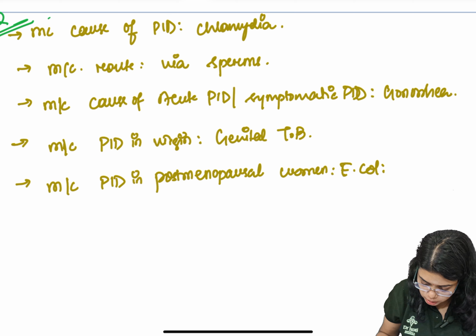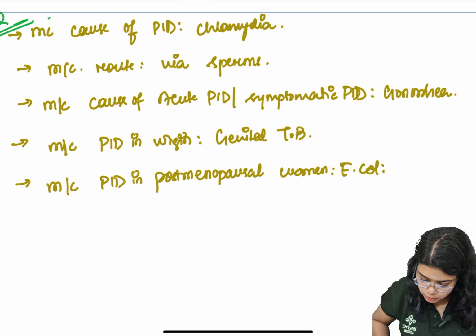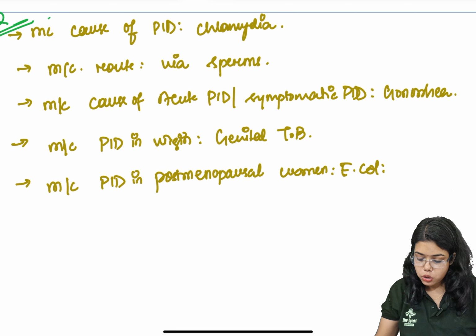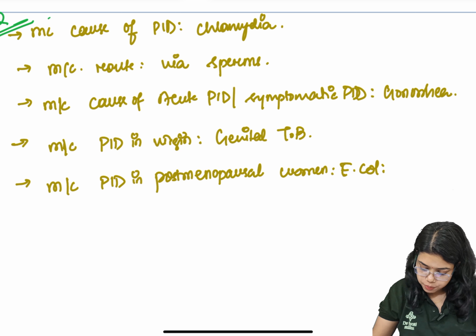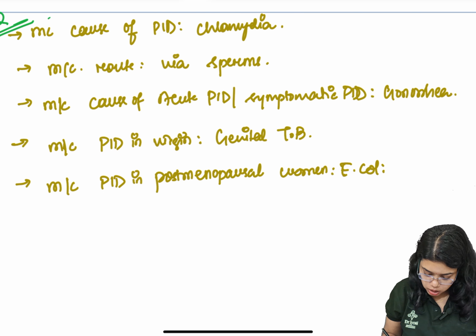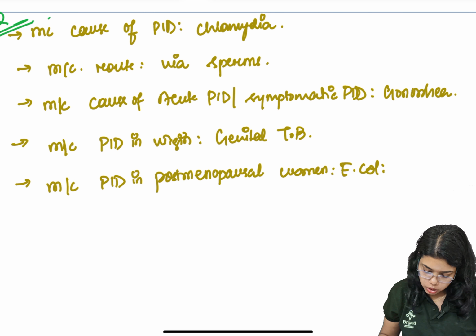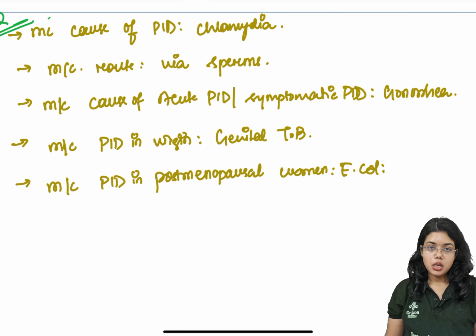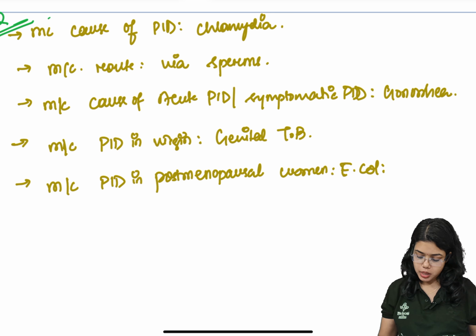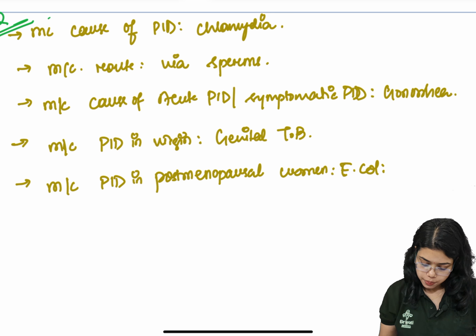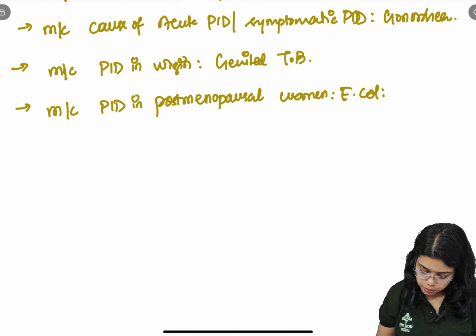Okay, then what are the risk factors for PID? Multiple sex partners, low socioeconomic status, and also young age, any douching or history of instrumentation, or if the partner is having infections, UTI or gonorrhea or urethritis, that also causes PID.